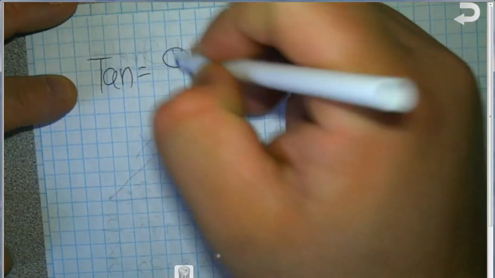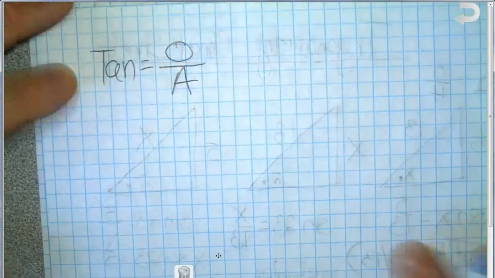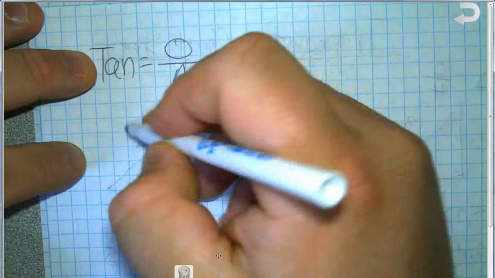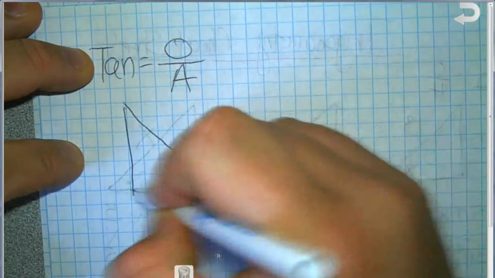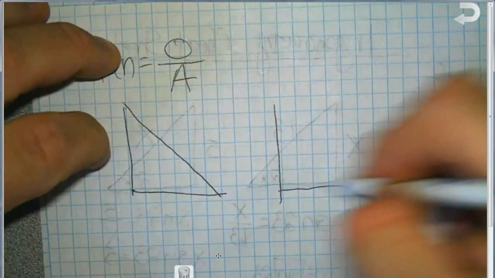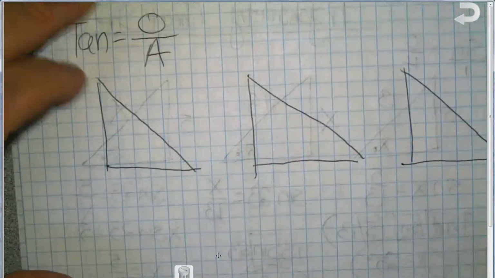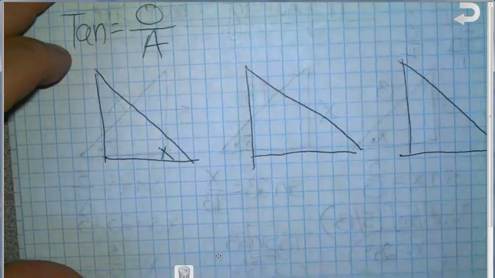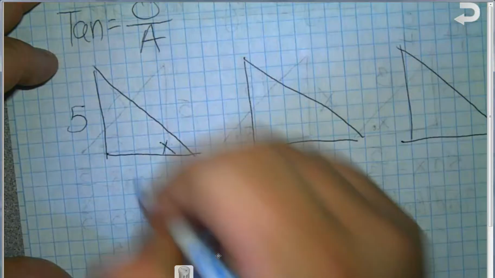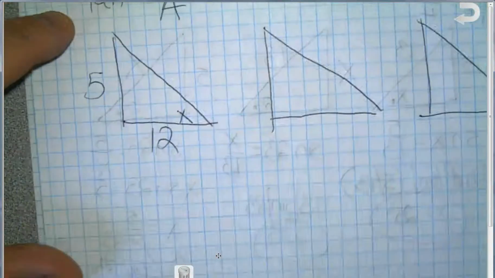Opposite over adjacent. So again, we're going to draw in our three triangles, just like the ones we've had. We're going to put the x here first, and we know the opposite is 5 and the adjacent is 12.